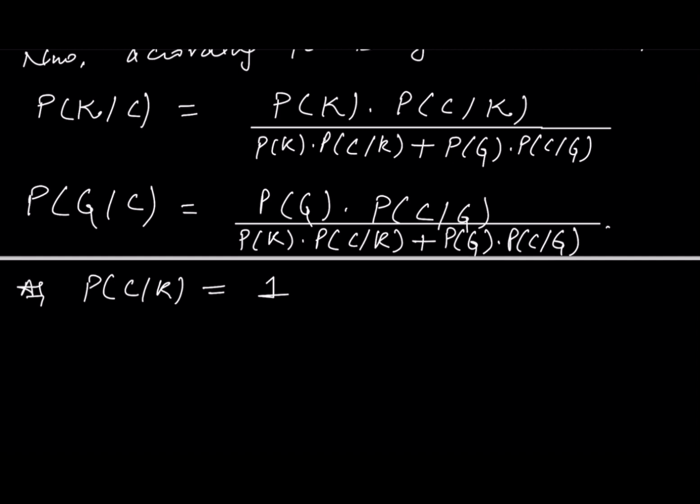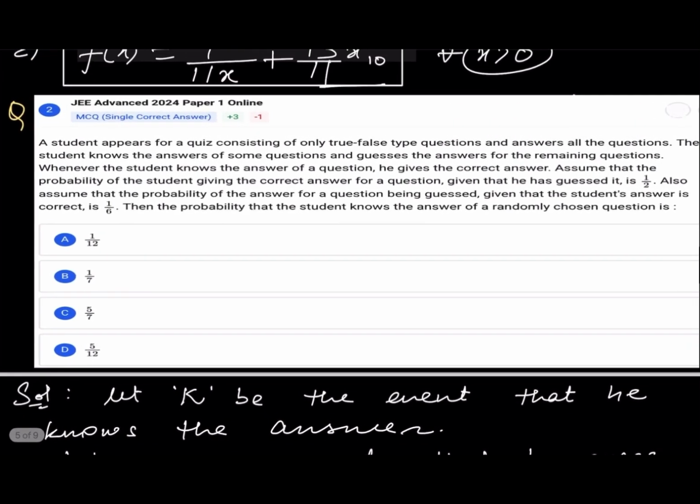Probability of correct answer when he guessed it is 1 by 2. It is clearly mentioned in the question that the probability of the student giving the correct answer for a question given that he has guessed it is 1 by 2.